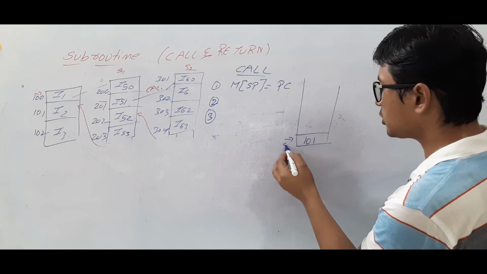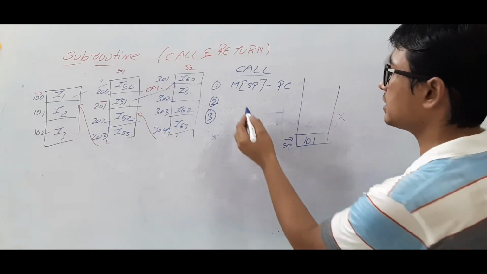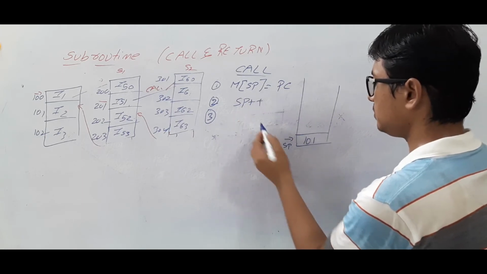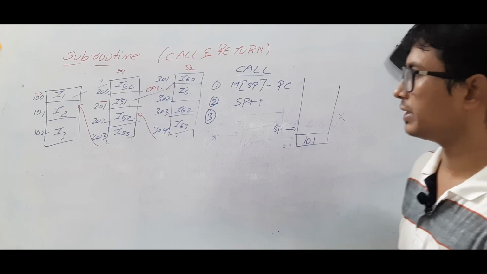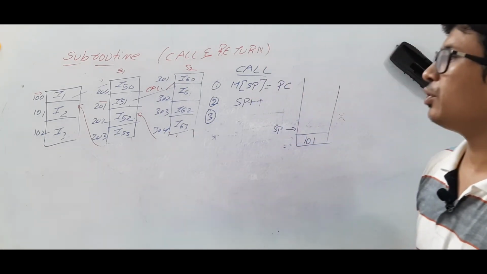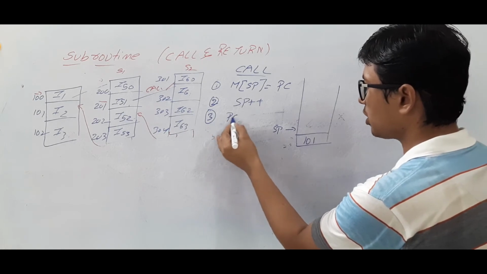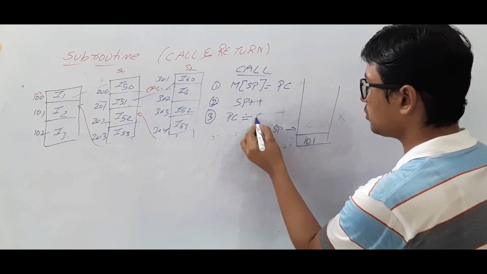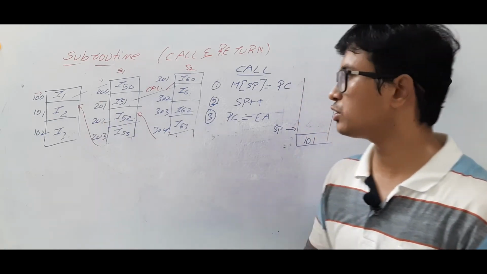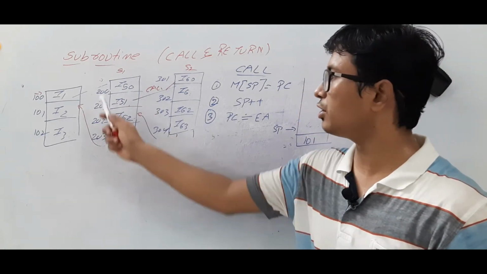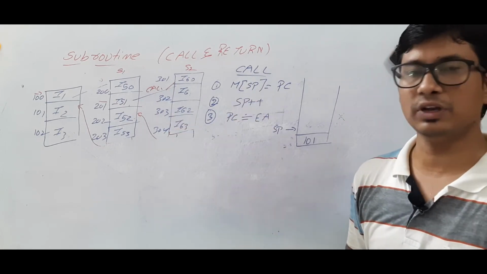Now the stack pointer is pointing here. Now I will increment the stack pointer, so it will be pointing to here because it is the topmost element. Now the program counter will have the effective address, or the target address. So program counter is equal to the effective address, and in this case it is 200. Are you able to understand? Whenever the call is happening, these things will happen.